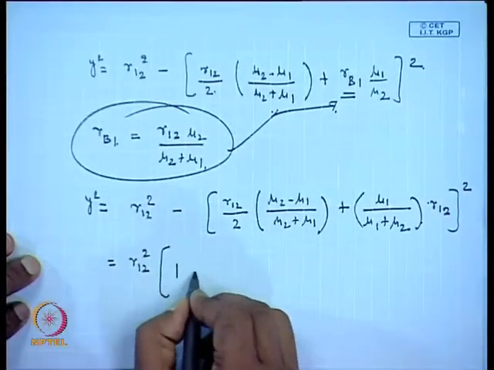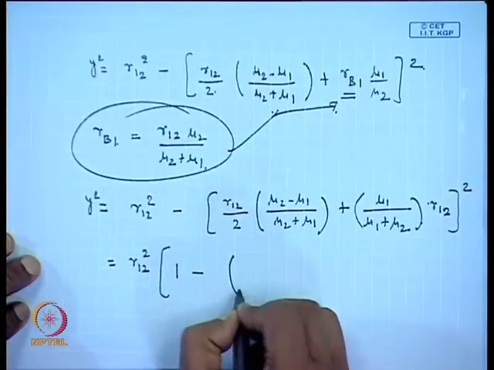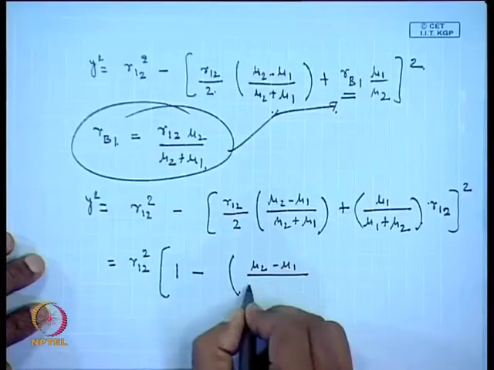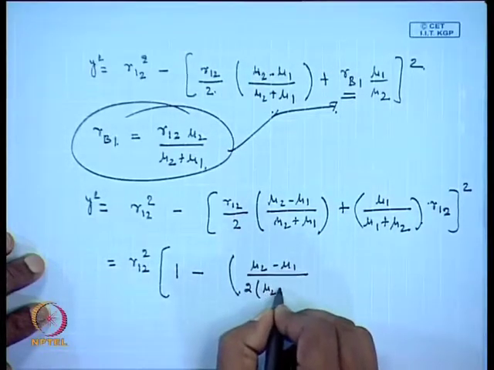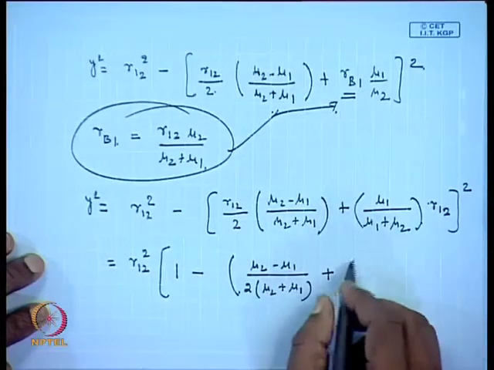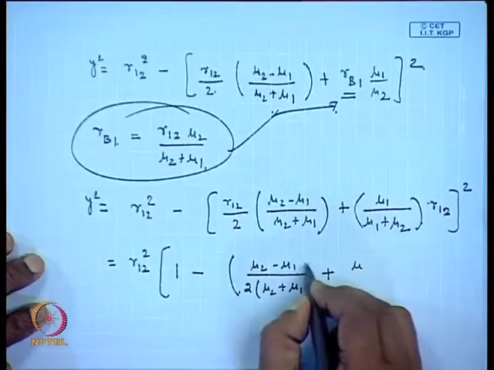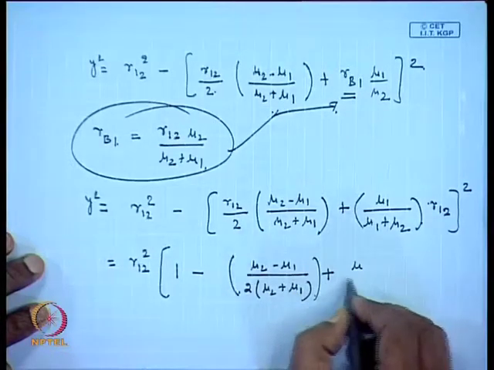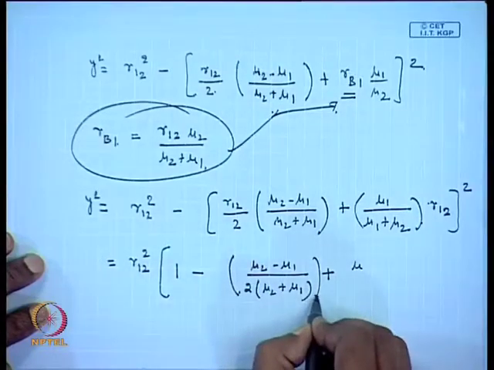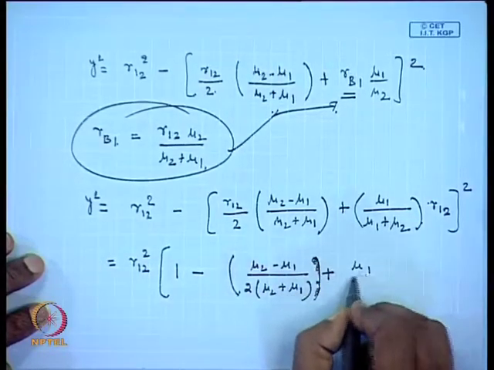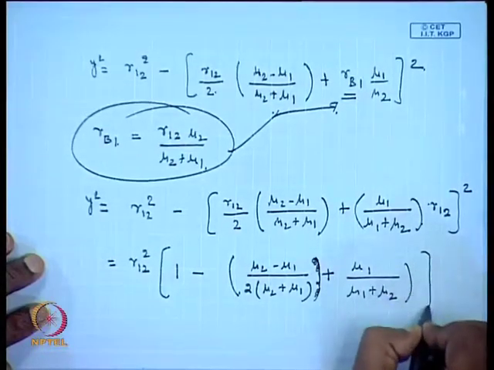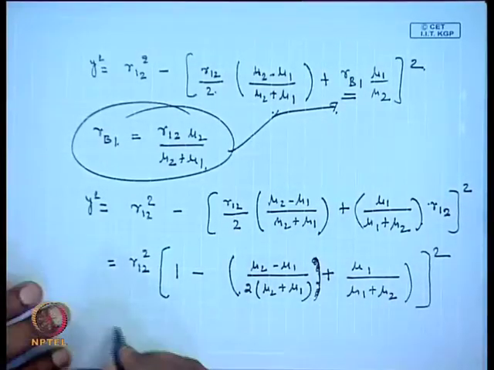So, this gets reduced to 1 minus mu 2 minus mu 1 divided by 2 times mu 2 plus mu 1, this whole square.